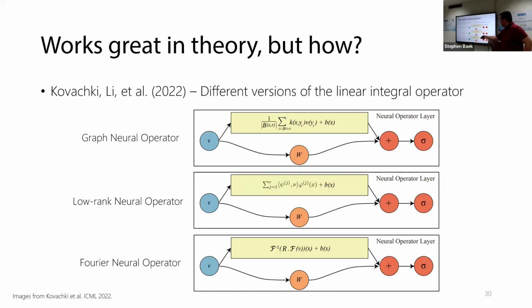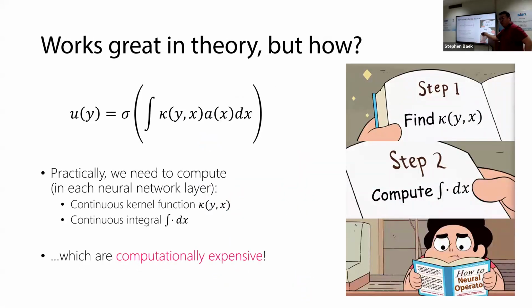Or in case of the Fourier operator, we're going to see soon that we're basically learning some Fourier coefficients in the Fourier basis, so that we can learn this kernel by updating those Fourier coefficients. Does that make sense?